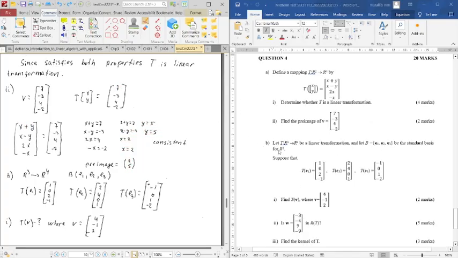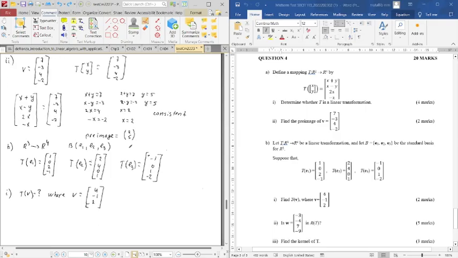And for question B, as you can see, we are given a transformation from R3 to R4, and it is said to be a linear transformation already, so we can use linear transformation properties. Let B equal E1, E2, E3 be the standard basis of R3.